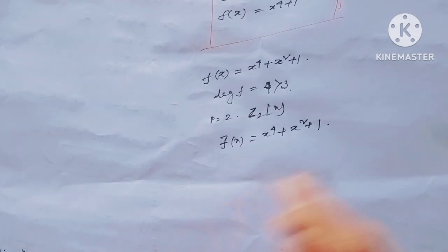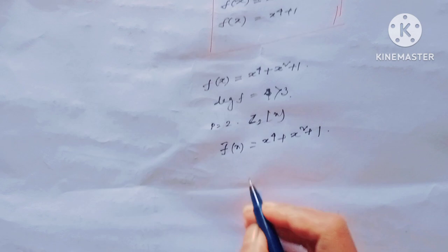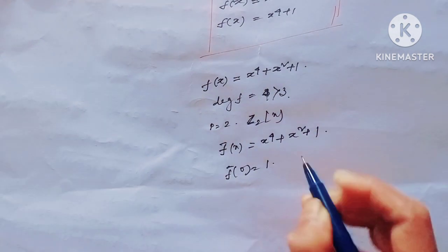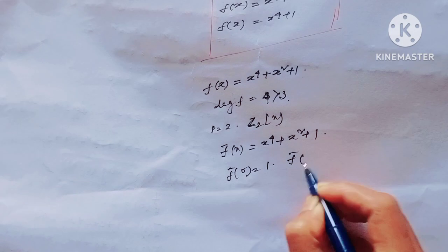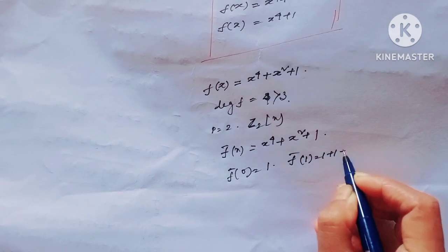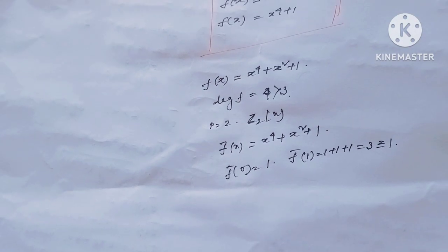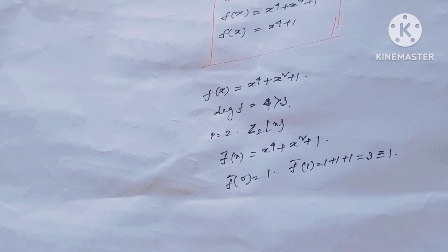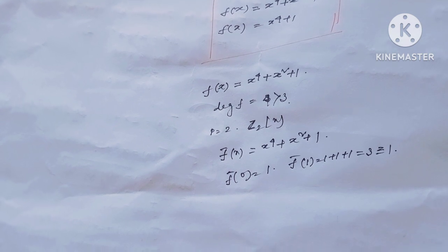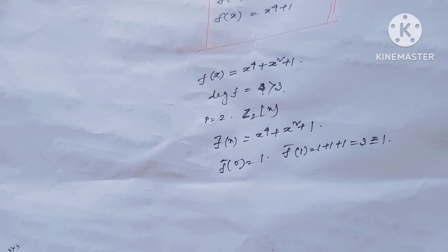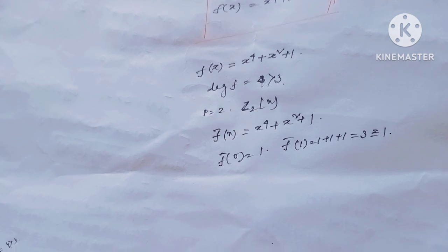Notice f bar(0) = 1 and f bar(1) = 1 + 1 + 1 = 3, which is congruent to 1 in mod Z2. But we cannot guarantee this polynomial is irreducible, because here the degree is 4.